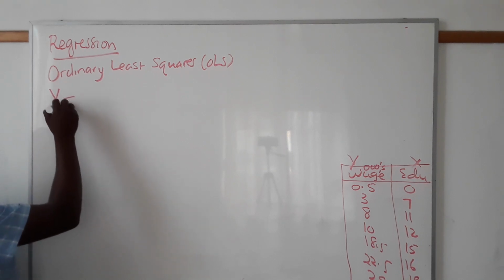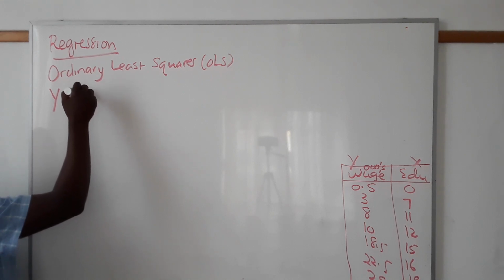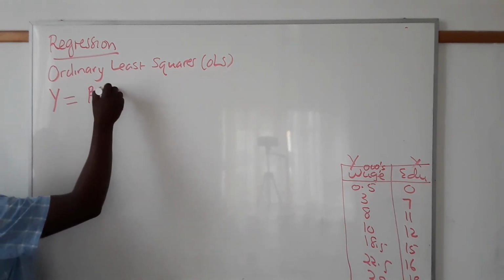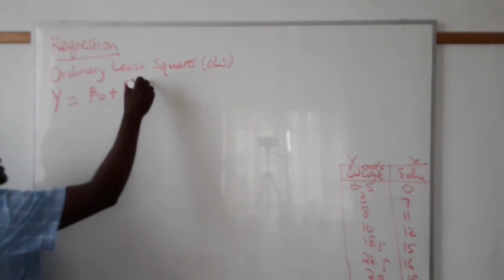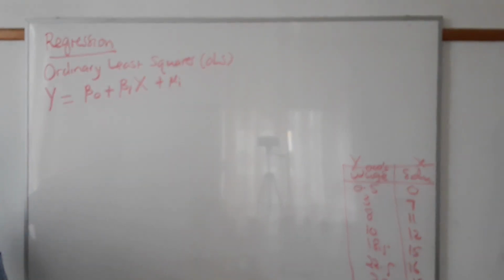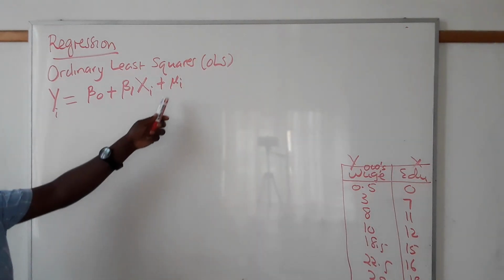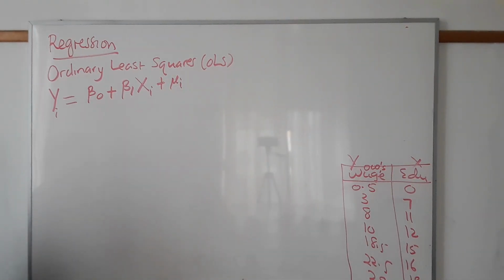Y is equal to, let's use some Greek letters here, beta 0 plus beta 1x plus an error, or rather a disturbance term, where this disturbance term here is a random variable, where this disturbance term has a mean of 0, has a variance that is constant across all observations and so forth.